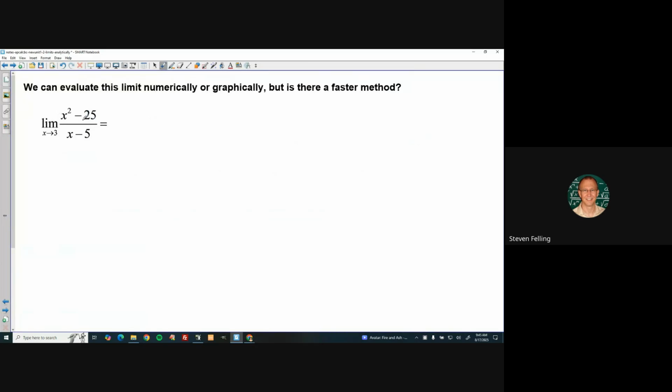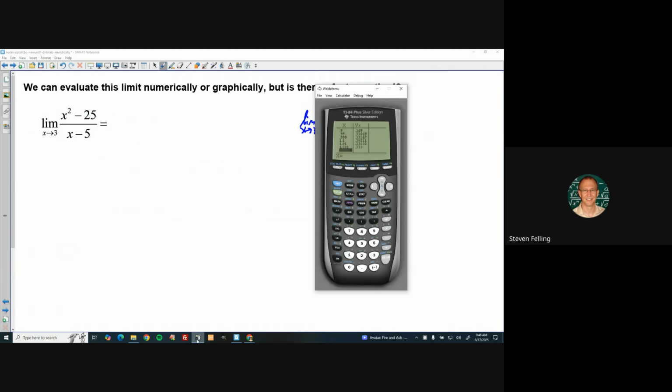Let's just review how to do this numerically. If I did this the way we normally would do it, we would say the limit as x approaches 3 from the left of x squared minus 25 over x minus 5. And I could do that with the calculator. That's what we've been doing.